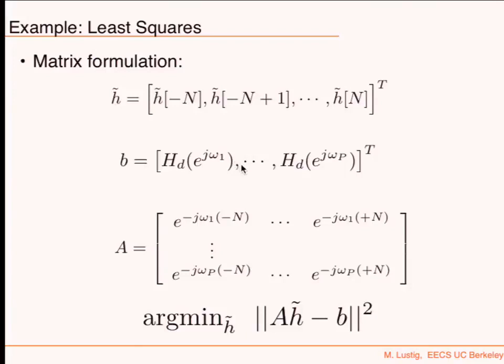So what we really want is, if I evaluated the frequency response of H, which is our filter, at certain frequency positions, that should be close to the desired one. Now I need to find an operator to compute the frequency response at those frequencies. How do I do that? I create a matrix that actually calculates the frequency response.